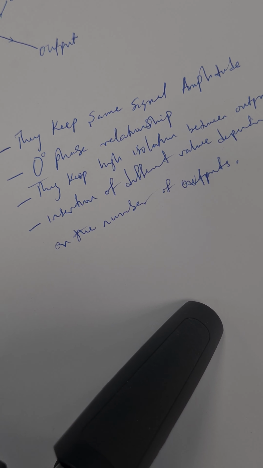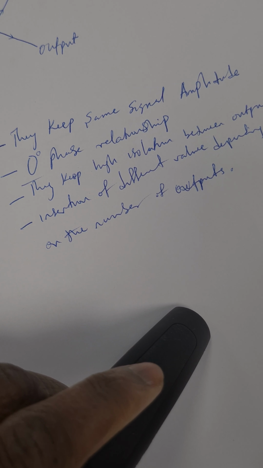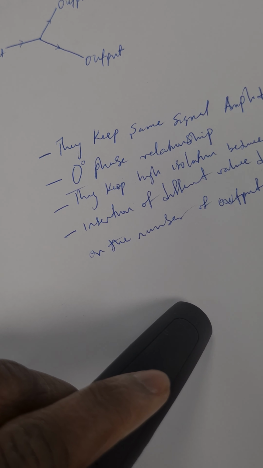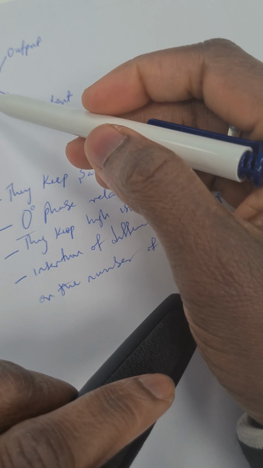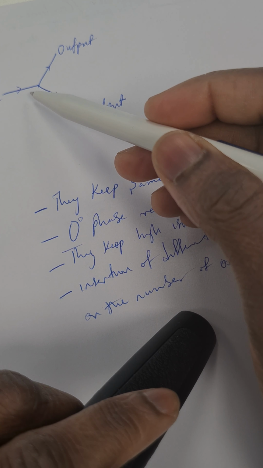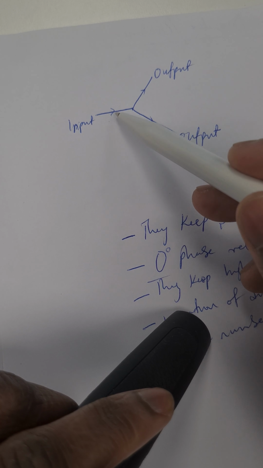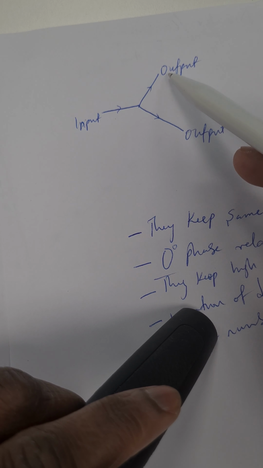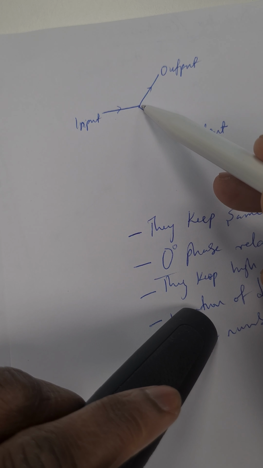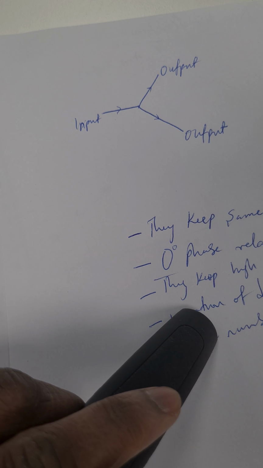So the insertion loss, what we mean by insertion loss is the energy loss when a signal is moving from one particular point to another in a transmission line. So you can see here we have a signal going directly from here into here. As it goes through the device, it's losing some energy, and that is what we mean by insertion loss.